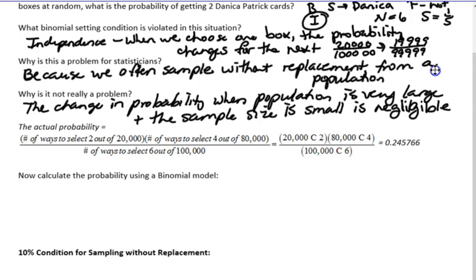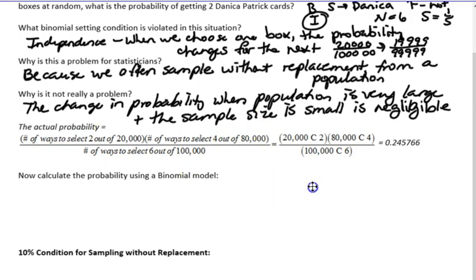So if you actually calculated the probability, this is how you do it. First of all, we look at the probability of selecting 2 Danica cards out of 20,000 and then 4 cards out of the other remaining 80,000.